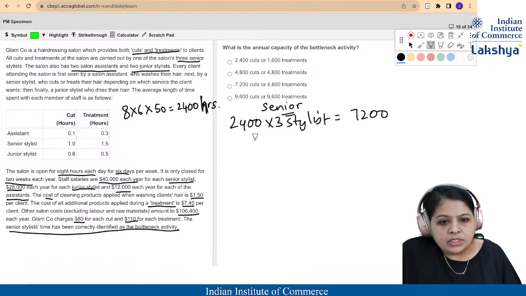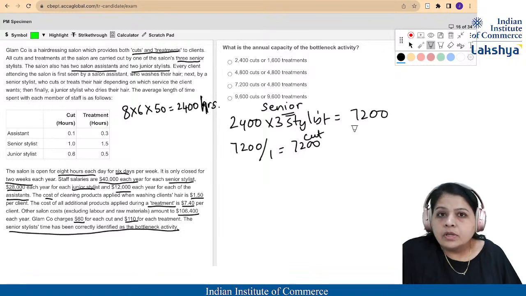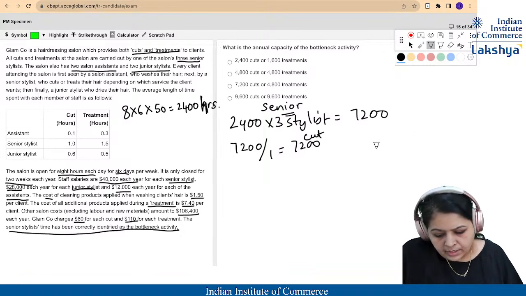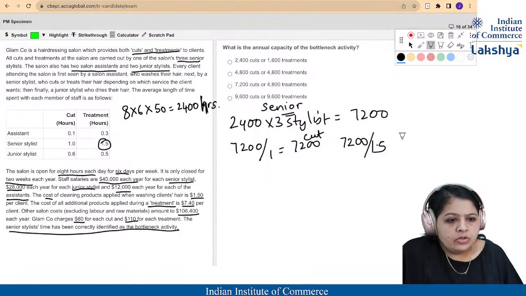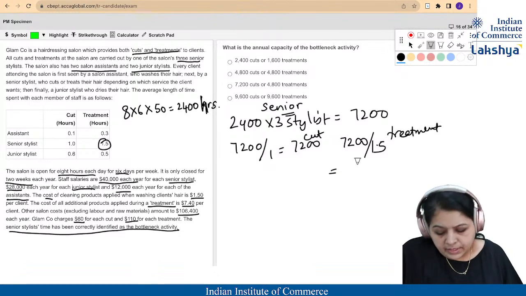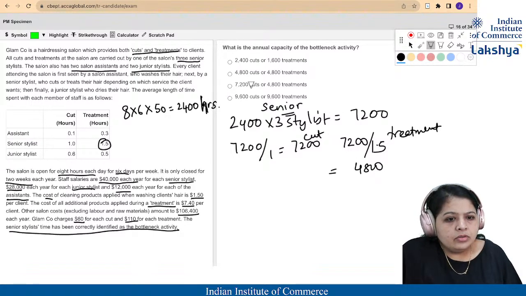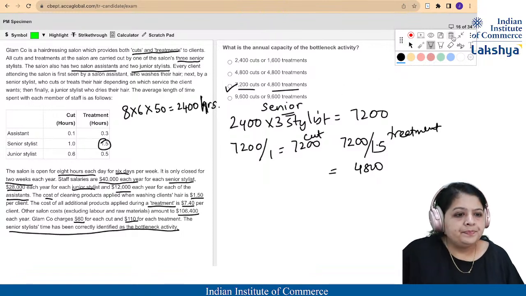Now, a senior stylist takes 1 hour to do the cut, and they take 1.5 hours to do the treatment. That comes to 4,800, right? So I'm going to go with option C, 7,200 cuts or 4,800 treatments.